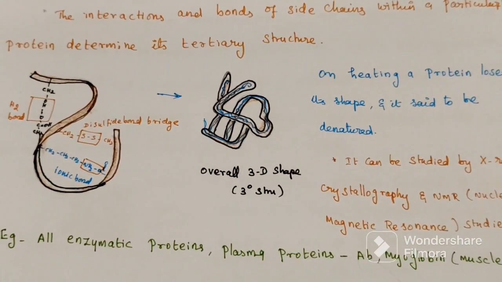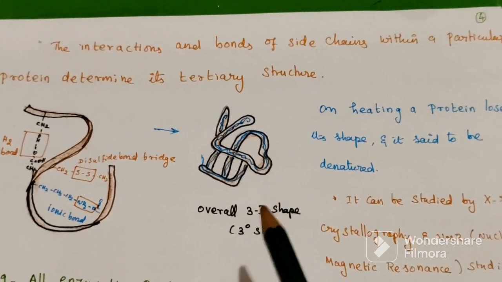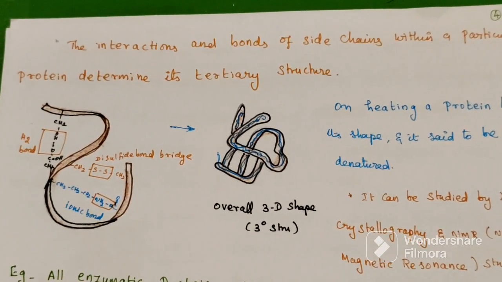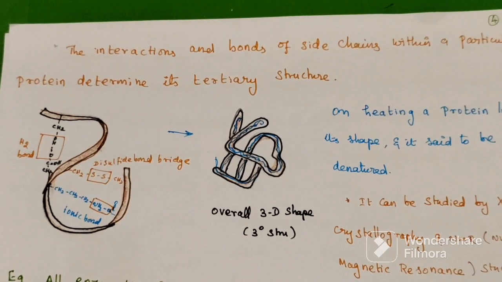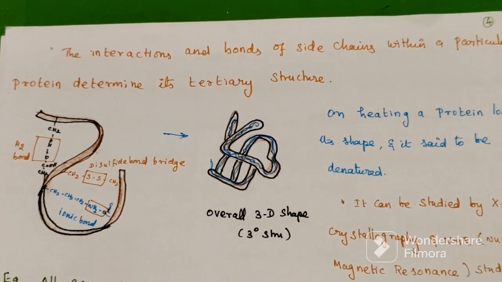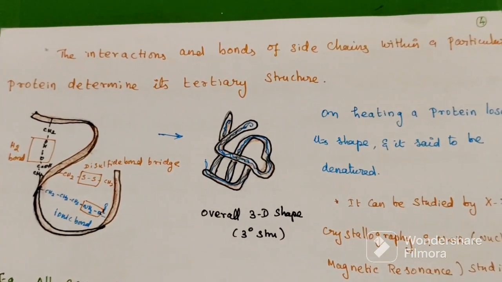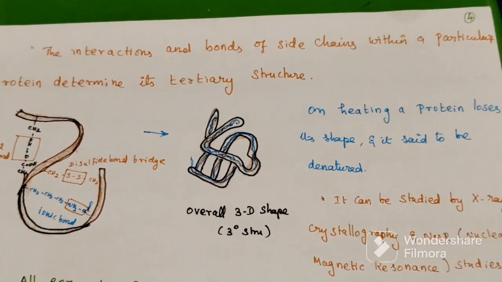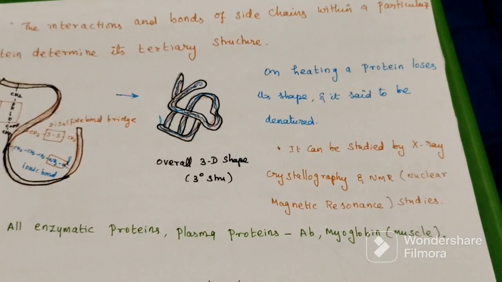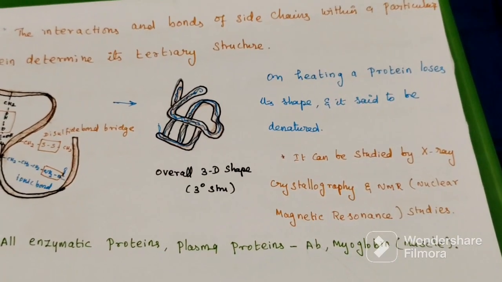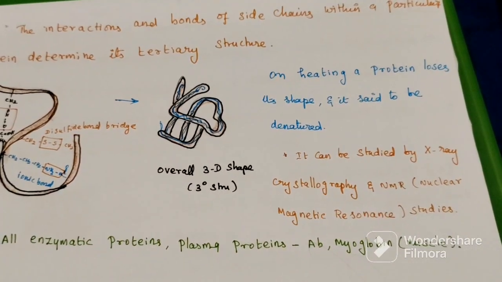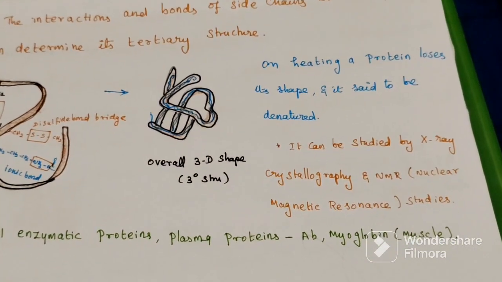Now if this structure is disturbed, proteins are very susceptible to heat. When the protein is heated, its shape is disturbed. That is called denaturation.